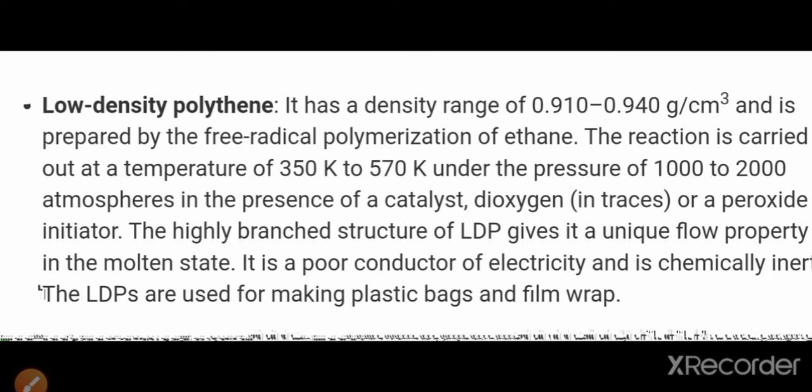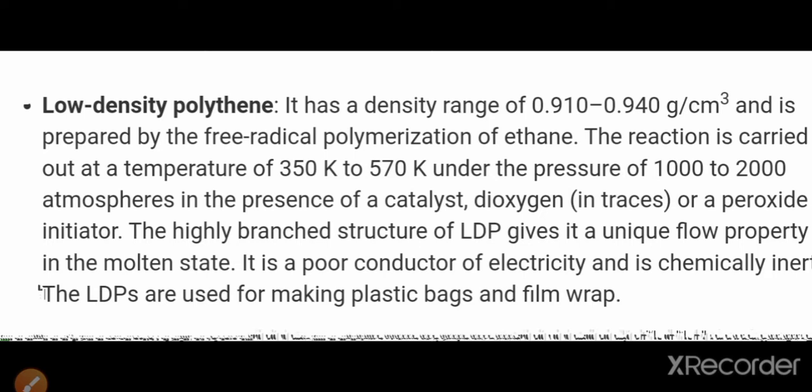This LDPE, that is low density polyethylene, is a poor conductor of electricity, is chemically inert and is mostly useful in making plastic bags and film wraps. Now let us see the reaction of how it is prepared.